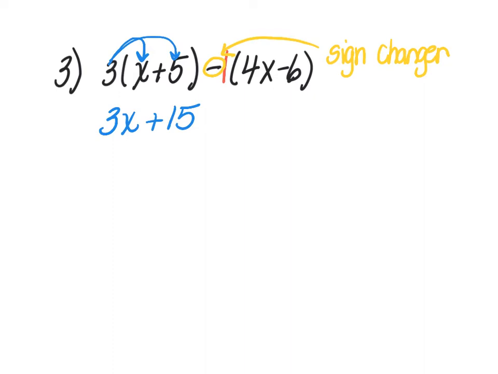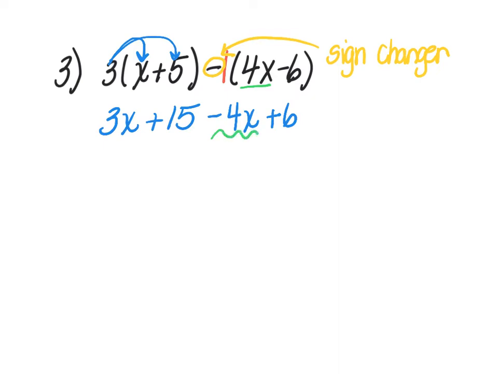Negative 1 times 4x is negative 4x. Negative 1 times negative 6 is a positive 6. But if I just told myself, I'm going to flip the signs of the terms, notice that 4x is a positive when it's in the parentheses, but then when it came in contact with the sign changer, it became a negative 4x.